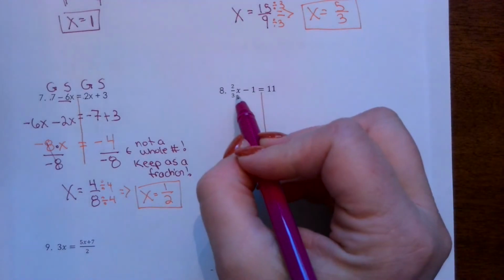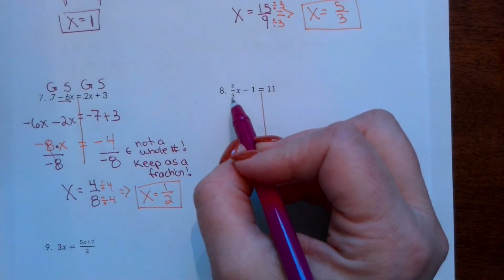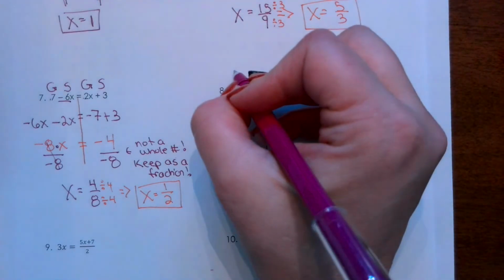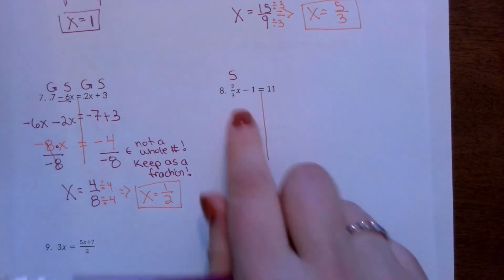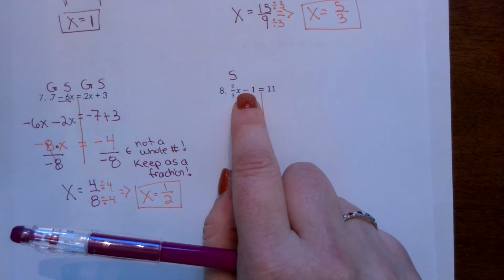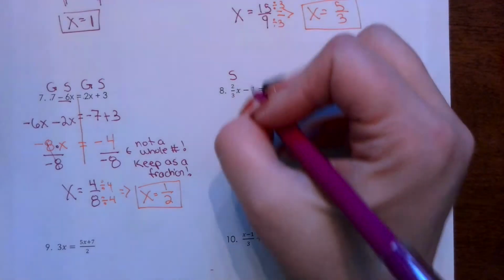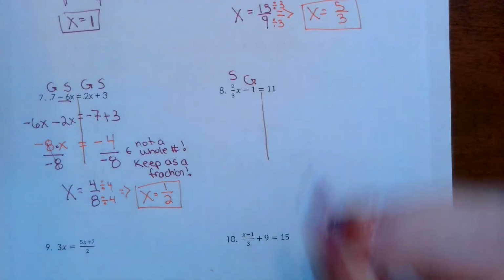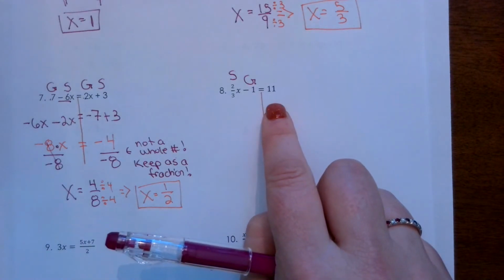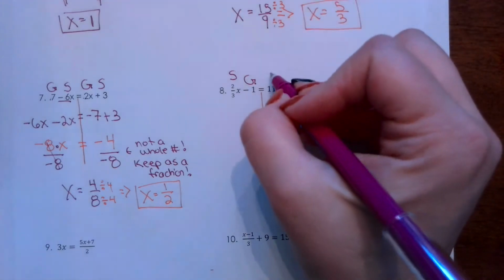This is a number with a variable. I know it's a fraction, but it's still a number with a variable, so it's going to stay over here on the left. This minus 1 is a constant. It needs to be on the right, so it will go. And this 11 is a constant. It's over here on the right, and it's going to stay.